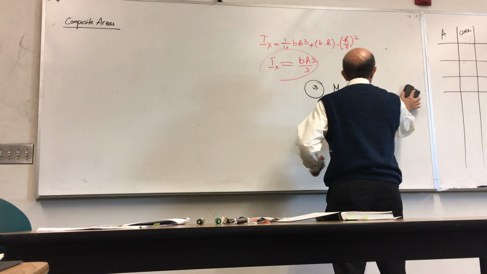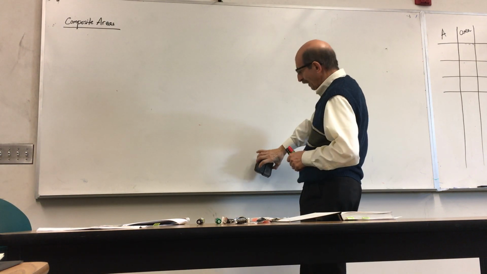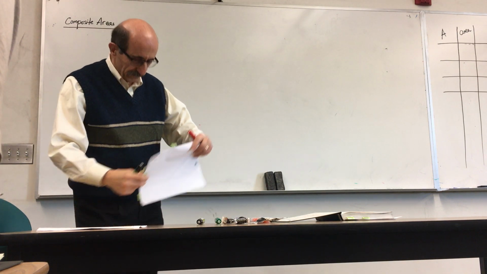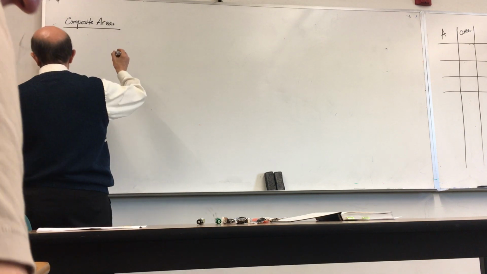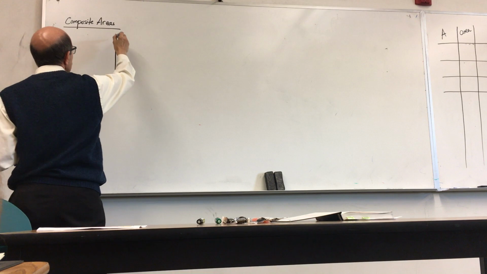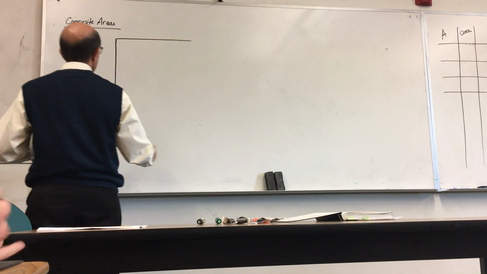Of course, that makes it easier to do, but it doesn't give you enough practice. So I hope you find mine more challenging. So this is the problem that I had made up. This is 20 and this is 20.